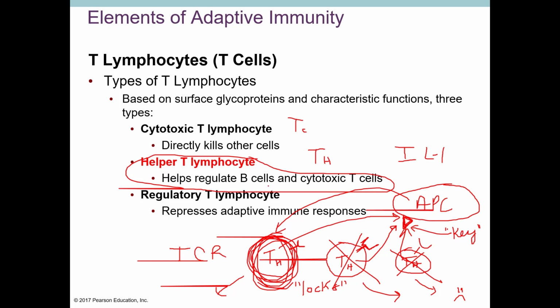Step 3 is going to involve the B cells and the cytotoxic T cells. The B cells are going to produce antibodies, so that's your humoral response. And the cytotoxic T cells are going to act very much like the natural killer cells, the NK cells, and they're going to do killing.